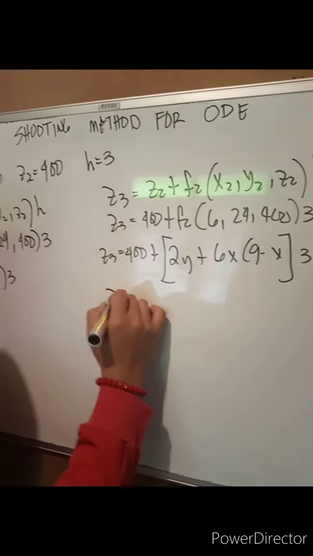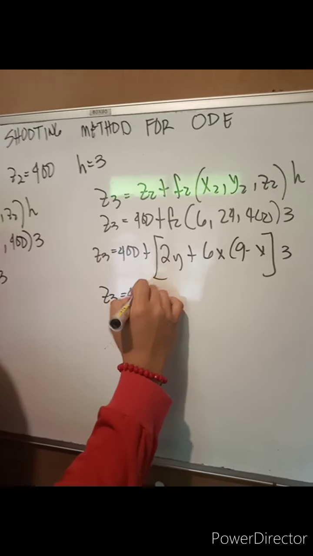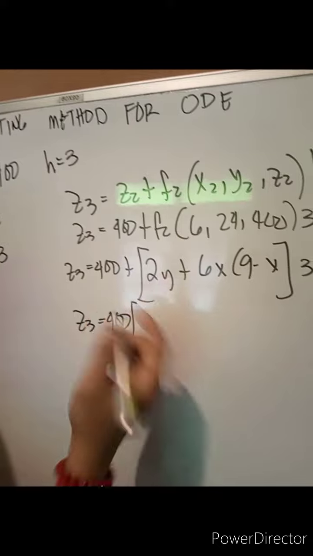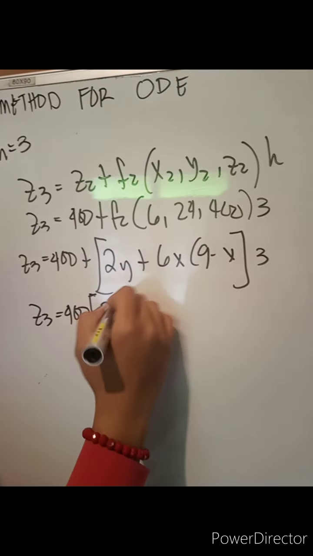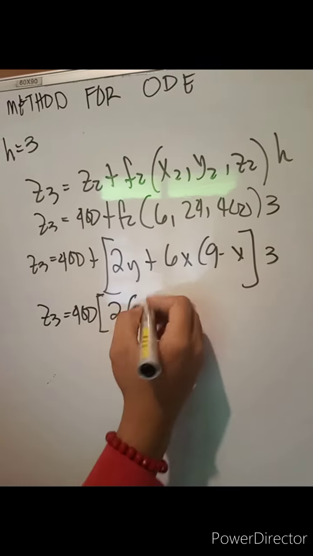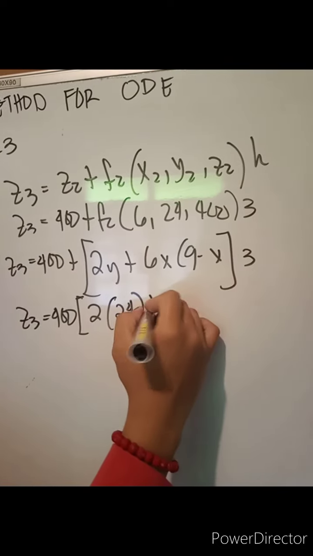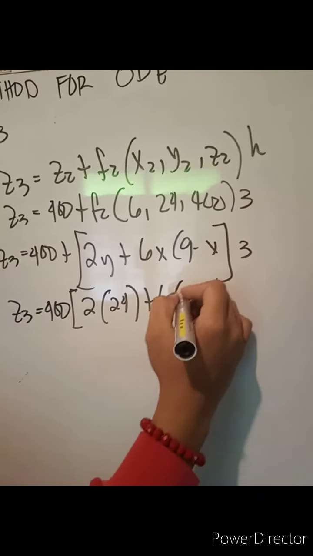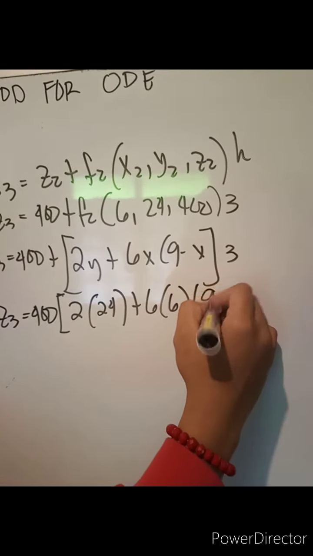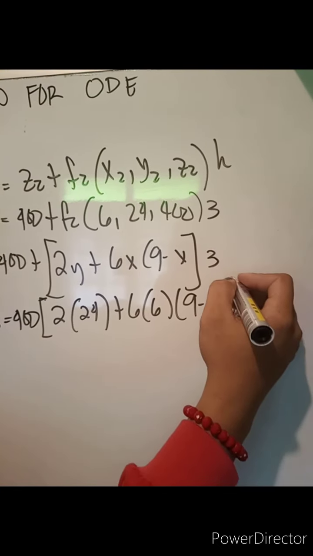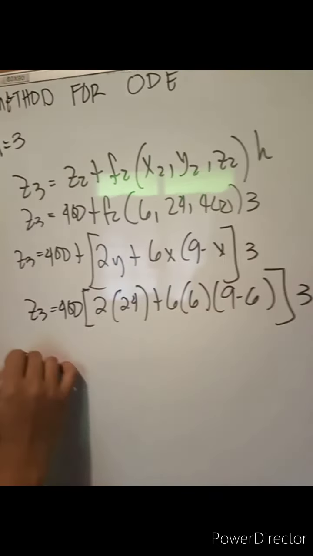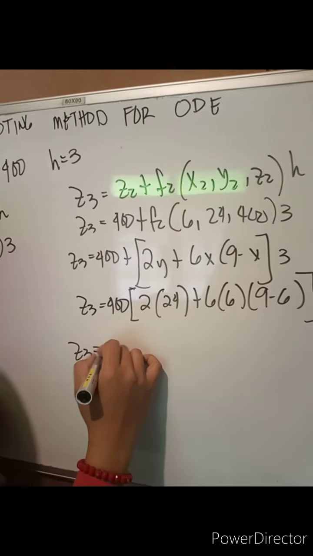So z3 is equal to 400 times 2, y natin is 24 plus yung 6, yung x natin is 6 times yung 9 minus 6 times 3.